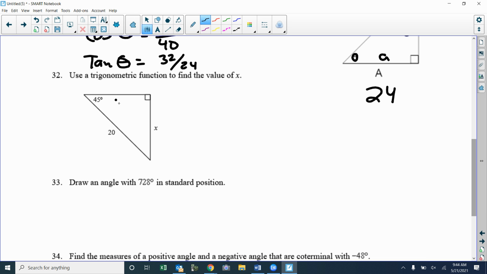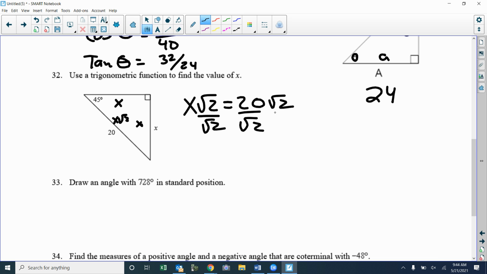The ratios are x and x square roots of 2. So we're going to take x square roots of 2 and set it equal to 20, because that's what that side is equal to. Now we need to solve for x, so I'm going to divide by square root of 2. We will continue by rationalizing that. So we're at 20 square roots of 2 over 2 now.